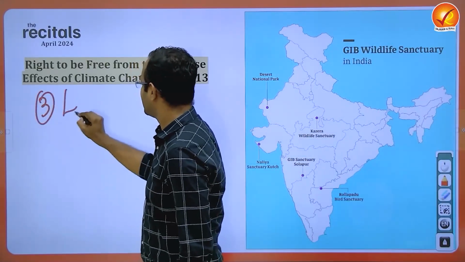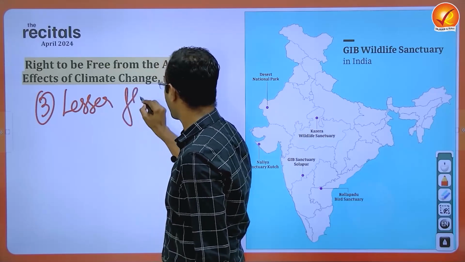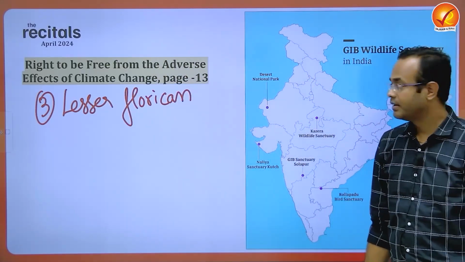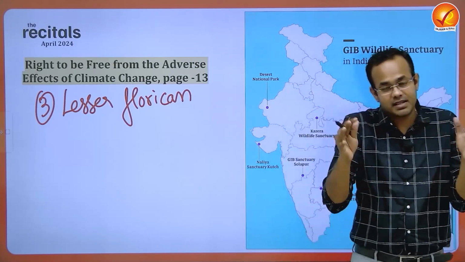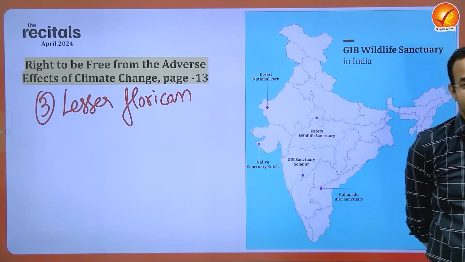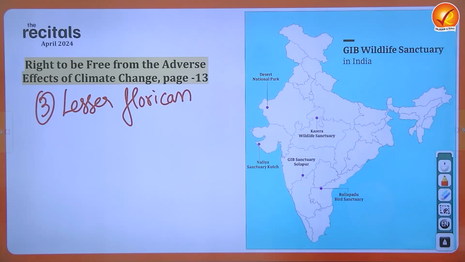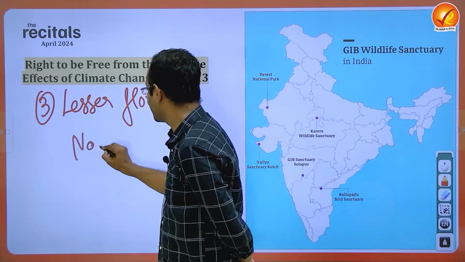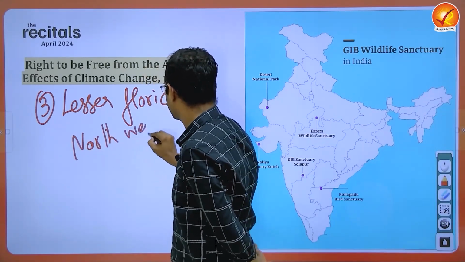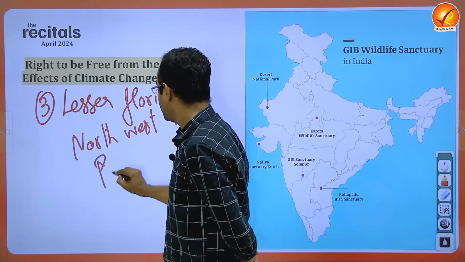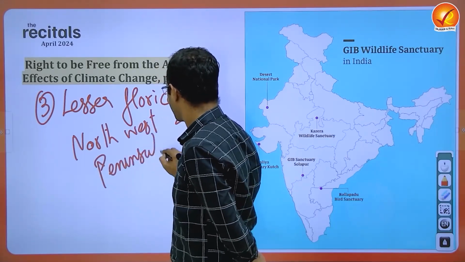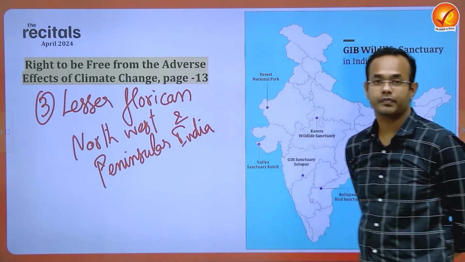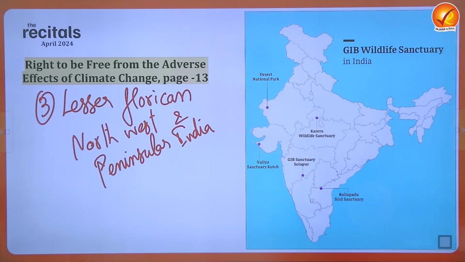The third one is lesser florican. It is very small in size compared to the other floricans in India. It is present in northwest and peninsular India.